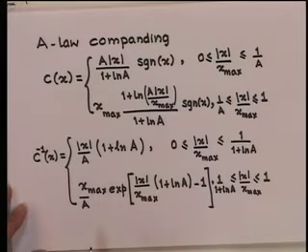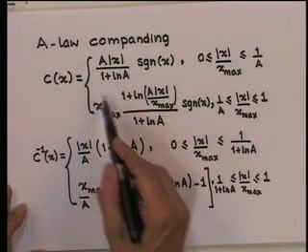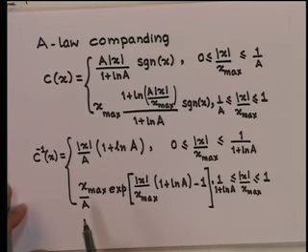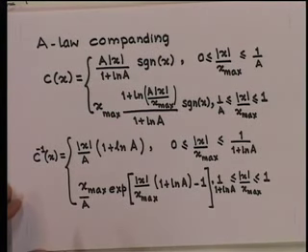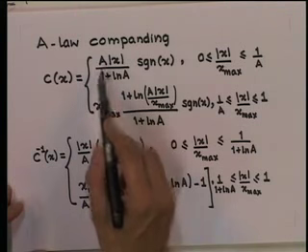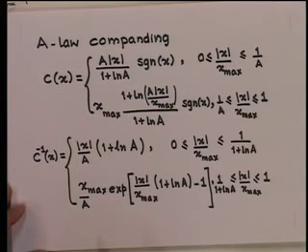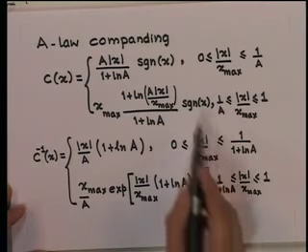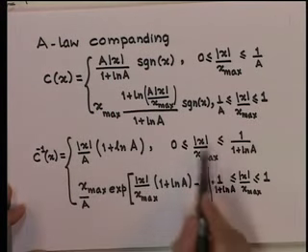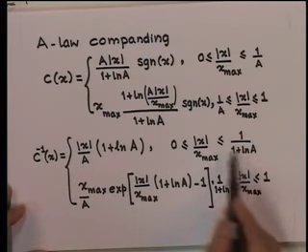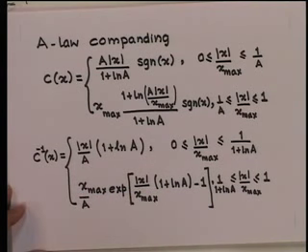So, this is A law companding, where the characteristic is a function of the parameter A, and the typical value for A is equal to 100. For the same A law companding, the expander characteristic is specified as shown here.